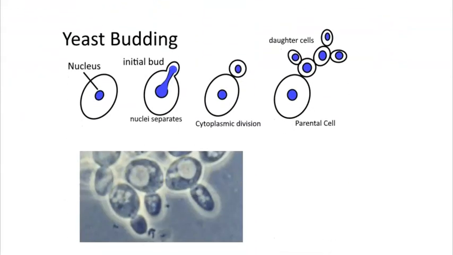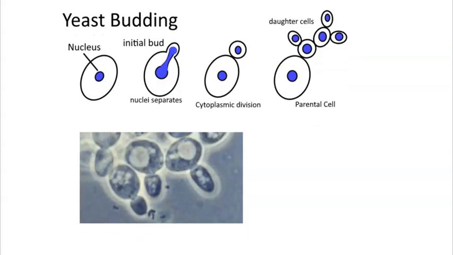Another example of unequal division is found in the fungi called yeast. Yeast, of course, we will know from the brewing industry and from the bread making industry. Yeasts also are associated with a number of infectious diseases, and they also form unequal cell division, which we can see diagrammatically here as we go through the cytoplasmic division, in which the bud is initially much, much smaller than the original.